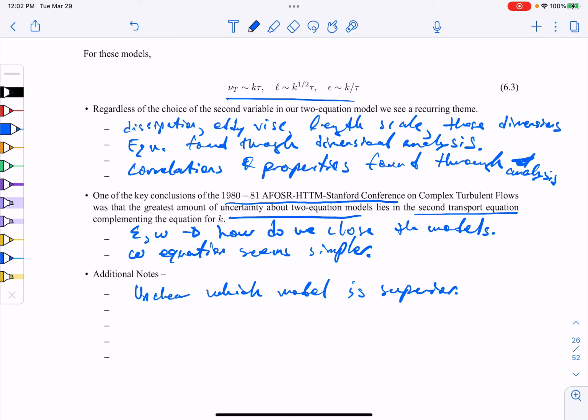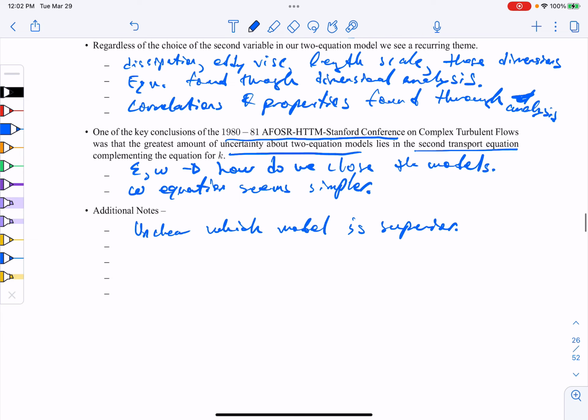There are also some huge questions in the community. For example, we might say there's no mathematical basis or sound physical reason.